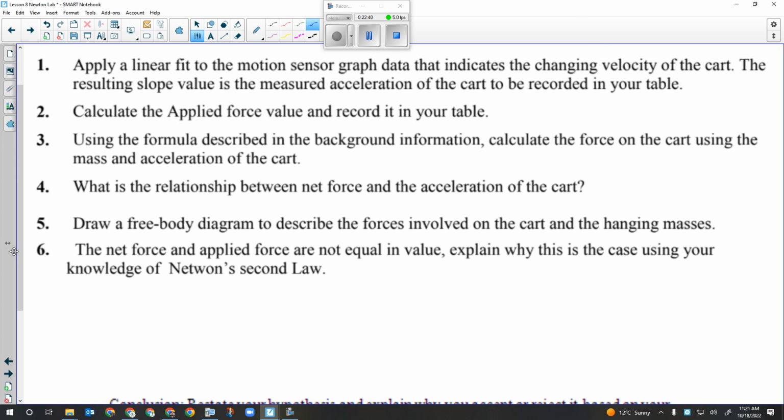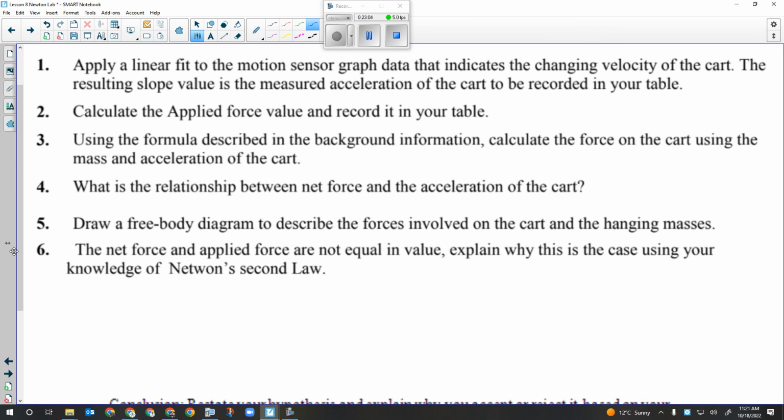That's what you have to explain in question number 6 and diagram with a free body diagram in question 5. It doesn't need to be for each trial. It can be over your experiment in general. I'm not expecting a free body diagram for run 1, a free body diagram for run 2. You would have had the same thing happen most likely in all 4 trials, so just draw it as it occurred.